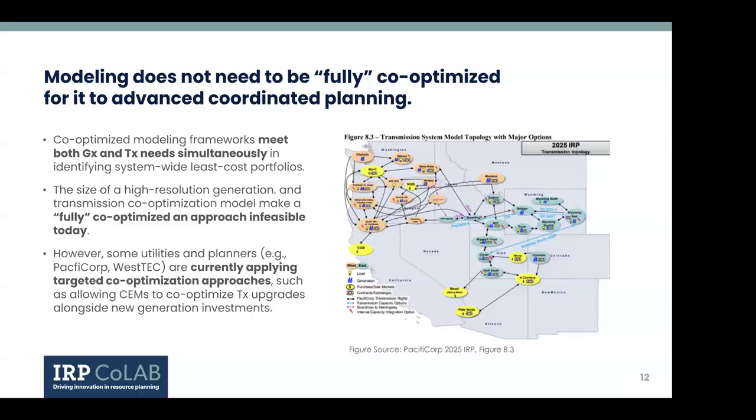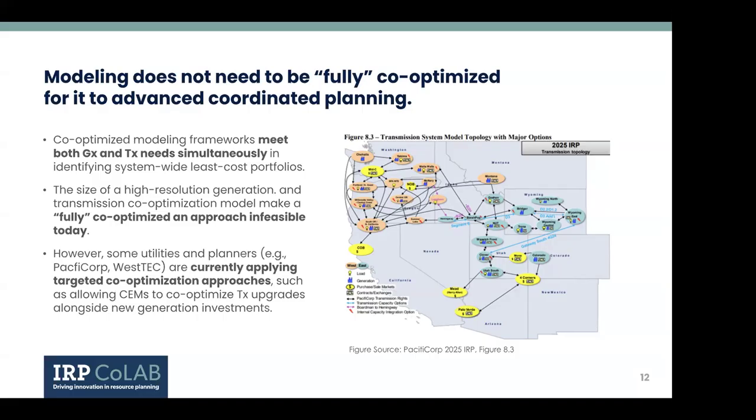However, there are several challenges that make this difficult. This requires very high resolution models. They require detailed data integration between tools. And so today, a fully co-optimized approach is largely infeasible, though there are advances being made in decomposition techniques, for example, tools that more harmoniously integrate transmission and generation planning.